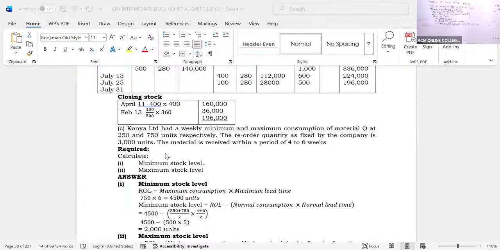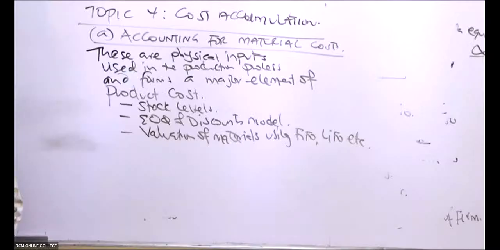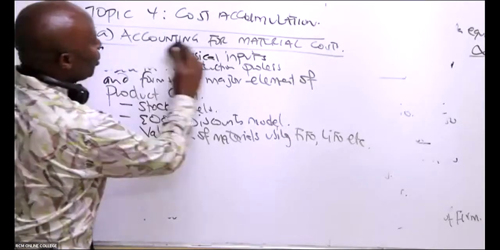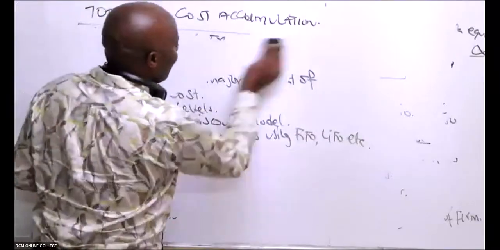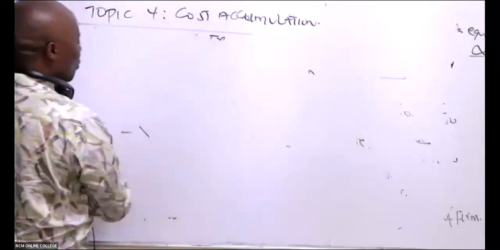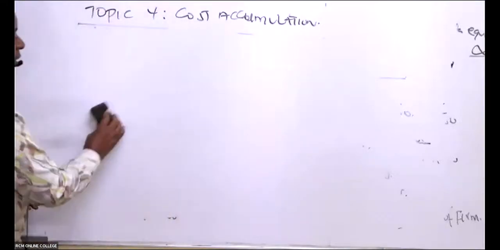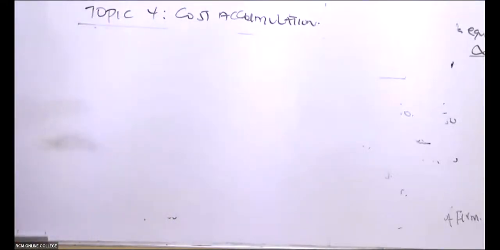The material is received within a period of 4 to 6 weeks. They want us to do stock leveling. There is no way you can ever do stock level calculations without getting what we call the ROL. So the first thing you need to do is compute the reorder level.